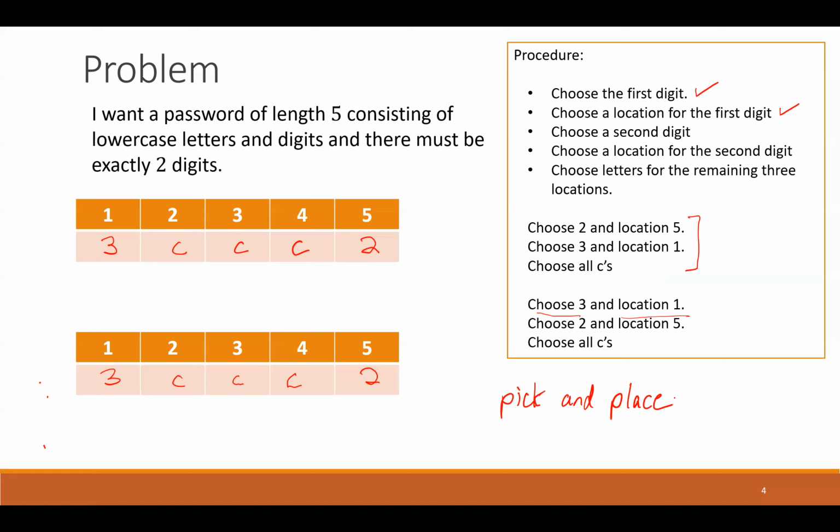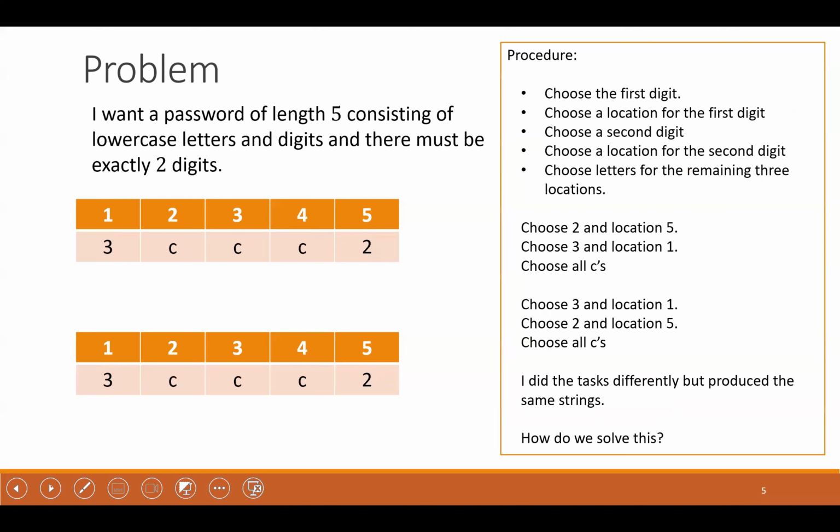I can pick 2 and then location 3, and then I could pick, yeah, basically I can alternate those 2 things and double count. So if I have only 1 digit, I can do pick and place. But for 2 or more, then I start double counting. All right, questions on that? Okay, so that is the wrong way to do it.